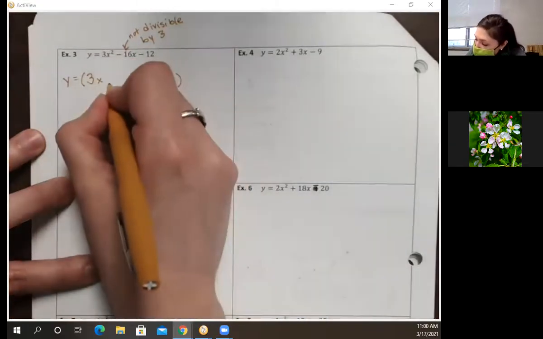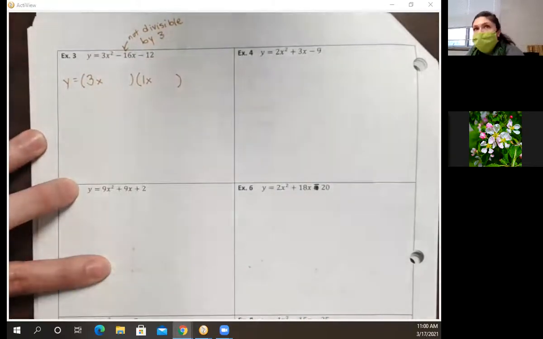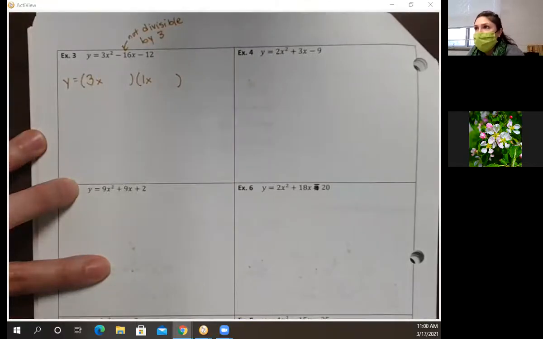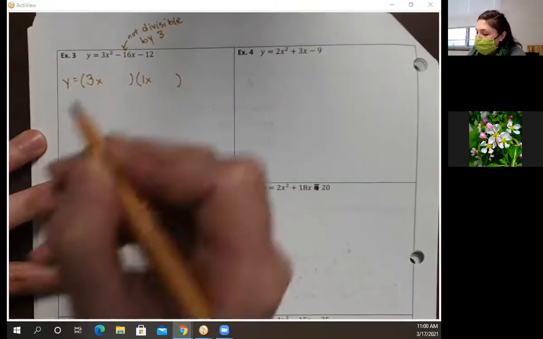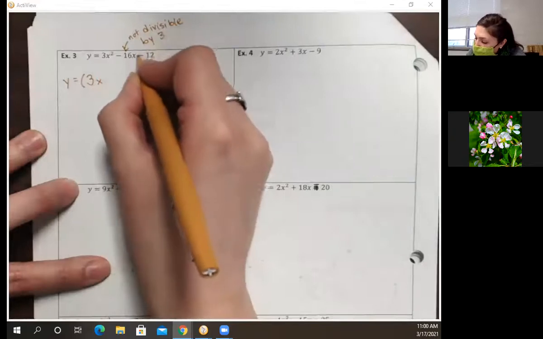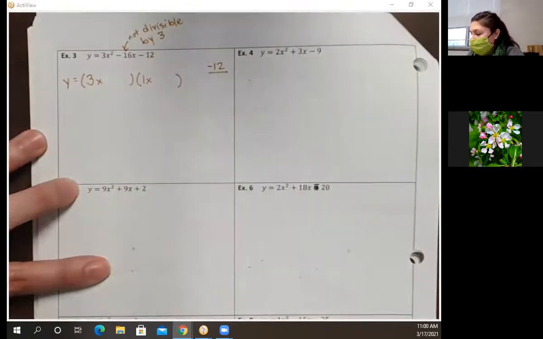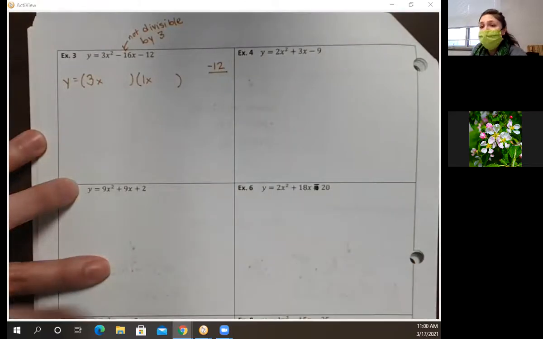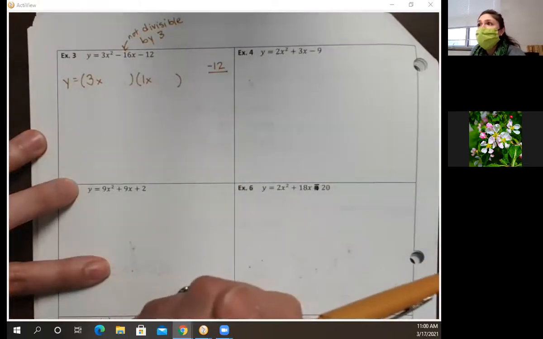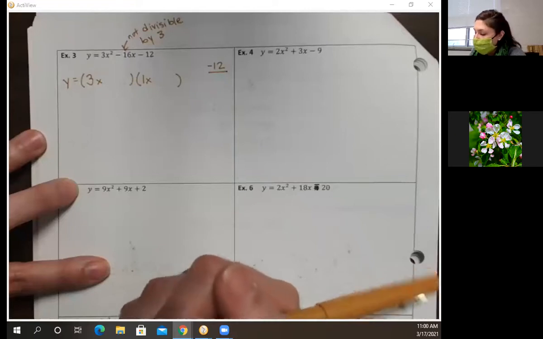The tricky part from here is going to be filling in the ends of those factors. So we're still going to look for factors of -12. And for this problem, I'm going to go ahead and make that whole factor list like we did a few times over the last couple of days.